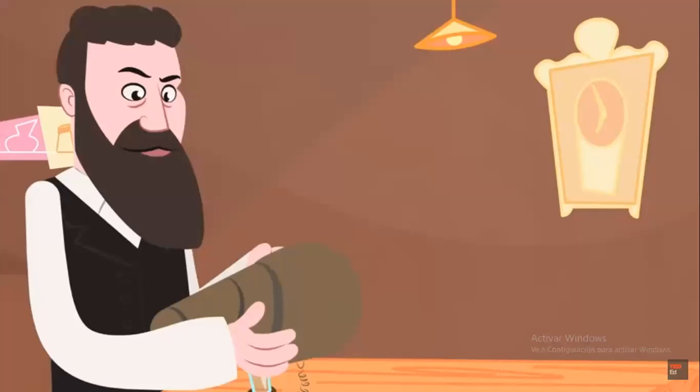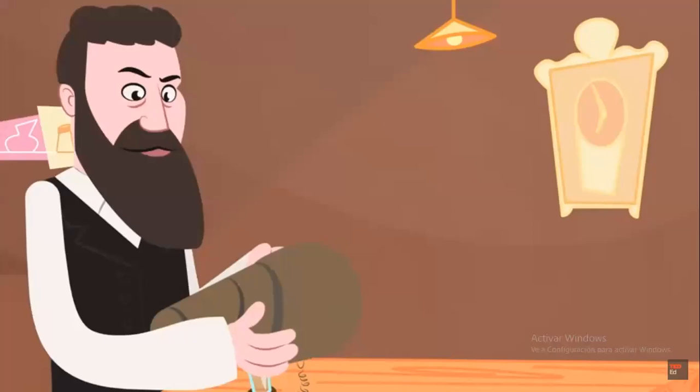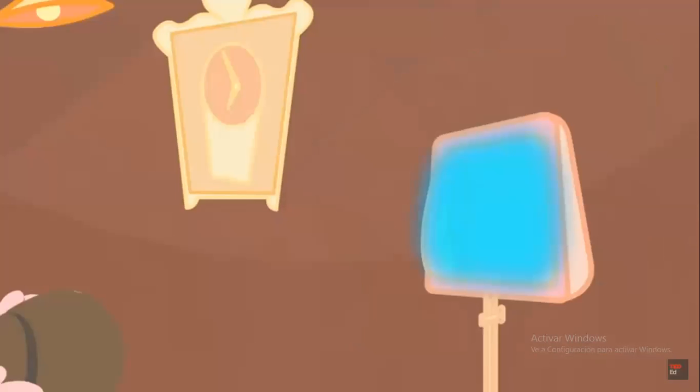And what happened next? To focus these beams, right? He wrapped his cathode with some sort of material. And at the other side of the room in which he was, he had a screen, okay? This kind of screen.